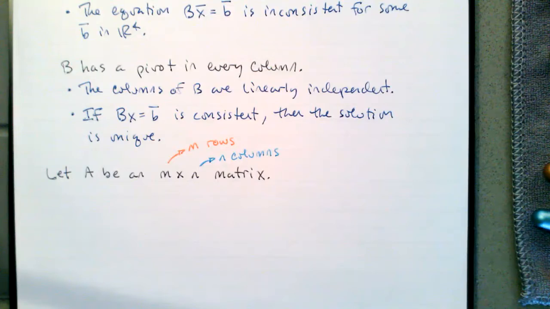Let's suppose that A is an M by N matrix. That means we have M rows and N columns.